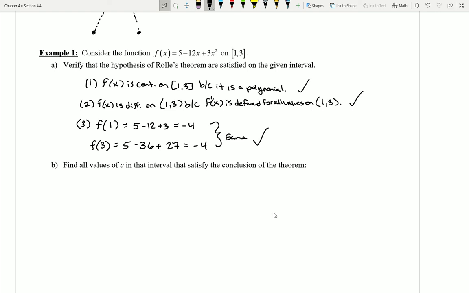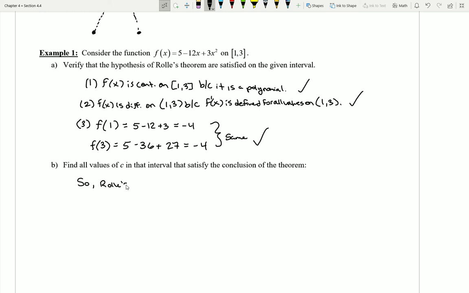They are satisfied. So now I know that Rolle's theorem would guarantee me that there's got to be some input between 1 and 3 where I can get a tangent line of slope 0 on this graph. I'll write that here.